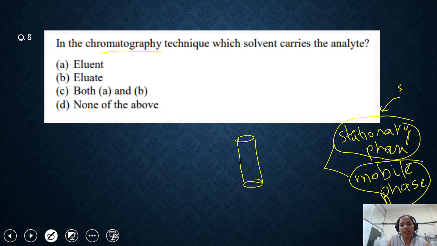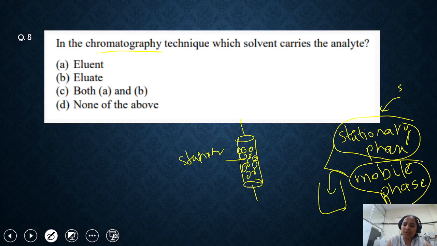So a stationary phase is present inside the column, on which the separation depends. Suppose these beads are present there. Okay, I will explain. These are the stationary phase. And the solution, like if you want to separate any protein which is present in the solution, will work as a mobile phase, that you will load in this column and finally the separation will occur. That separation is based on different types.